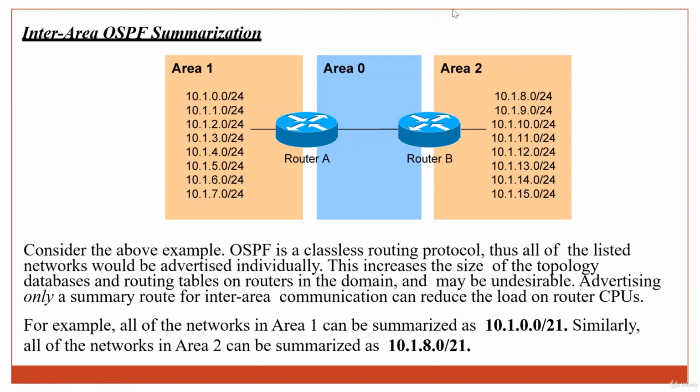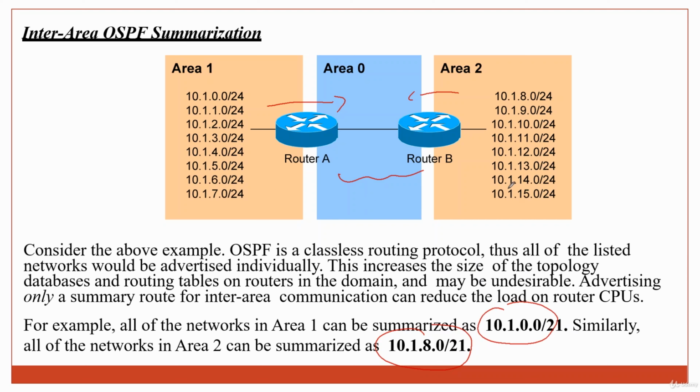Now we are sending all these routes to the core router. Here you can see all the individual routes, and hence the database or the topology table inside area 0 will increase. Rather than that, we can summarize area 2 as 10.1.8.0 and area 1 as 10.1.0.0/21.